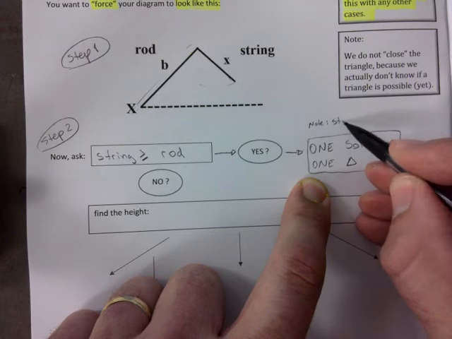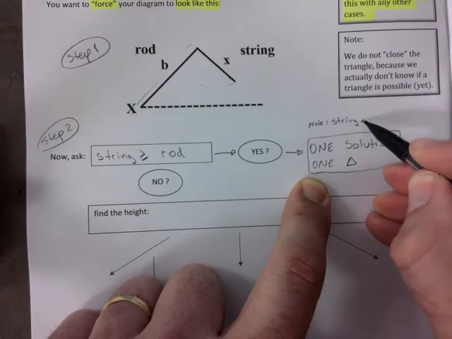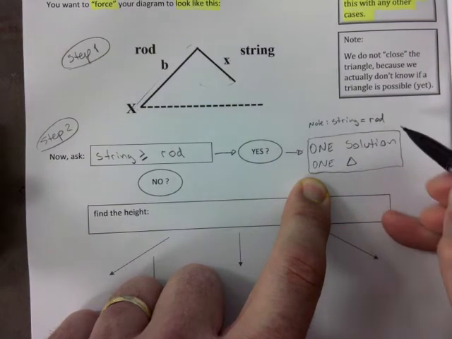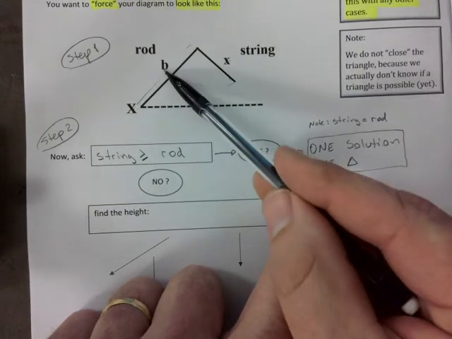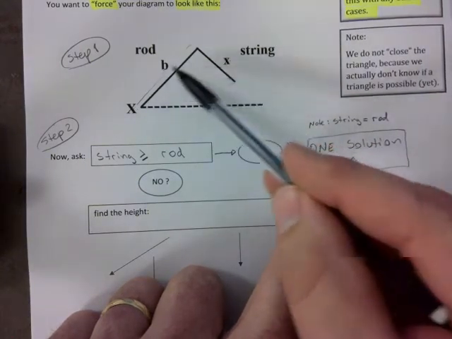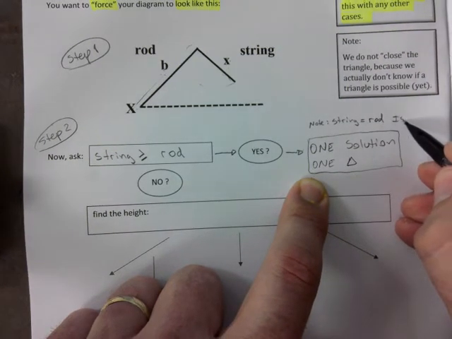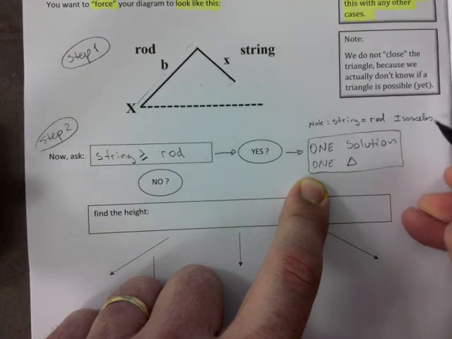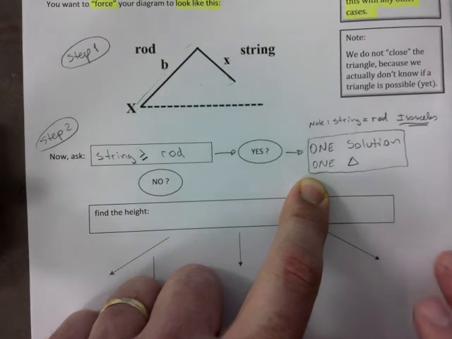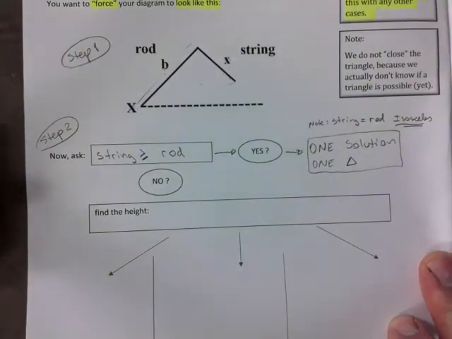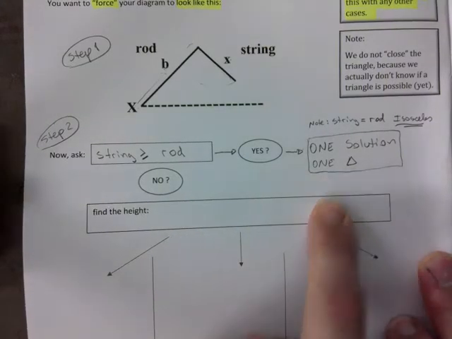If the string is equal to the rod, what kind of triangle would you have? If this and this are exactly the same, not equilateral, isosceles. But you still have one solution regardless.